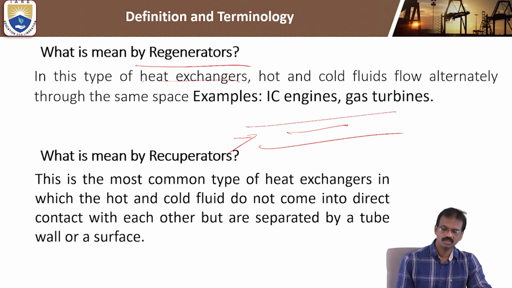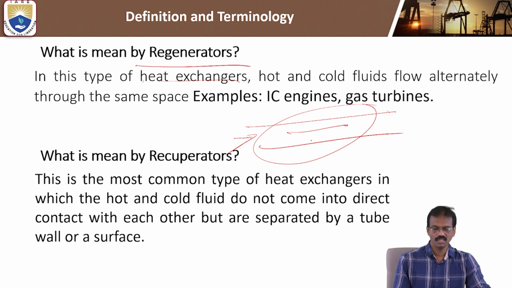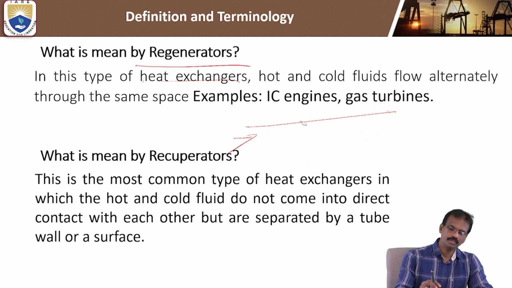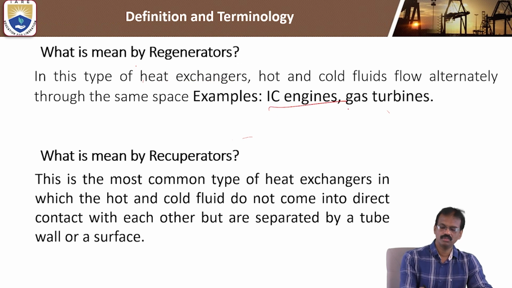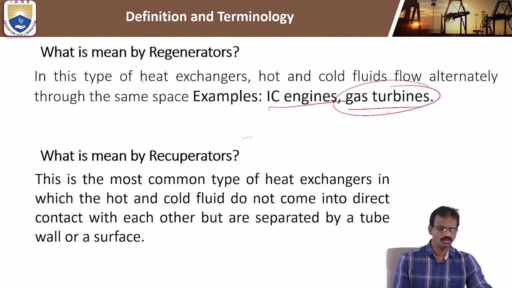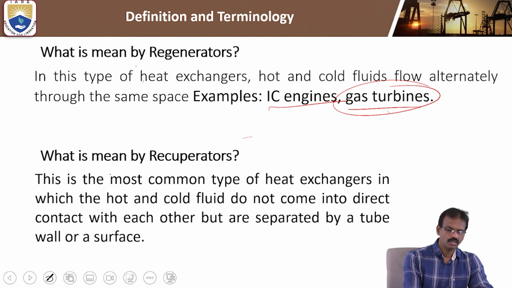In this way, heat transfer takes place. Through the hot fluid, the pipe will be heated. Through the cold fluid, the heat will be taken from the hot pipe to the cold fluid. The main examples of this are IC engines and gas turbines. Different examples are there.